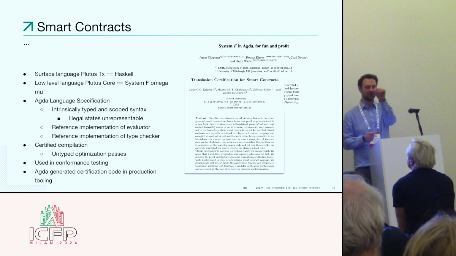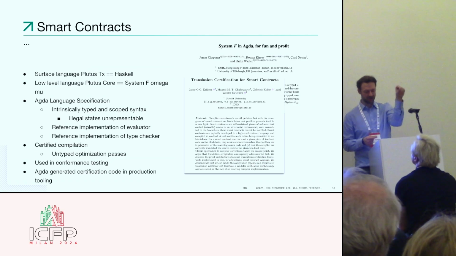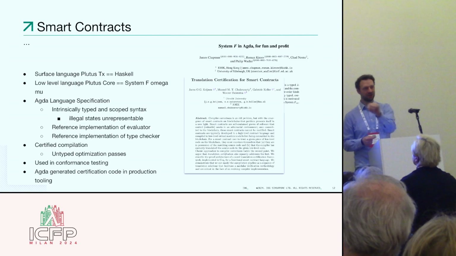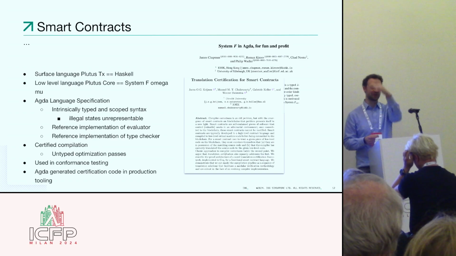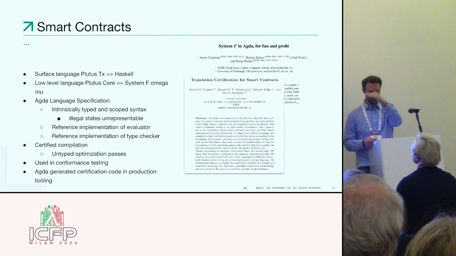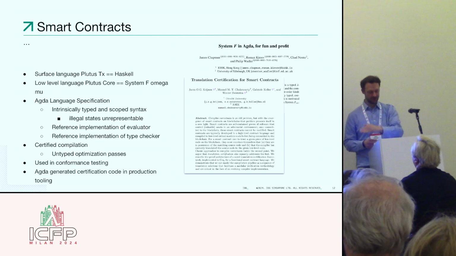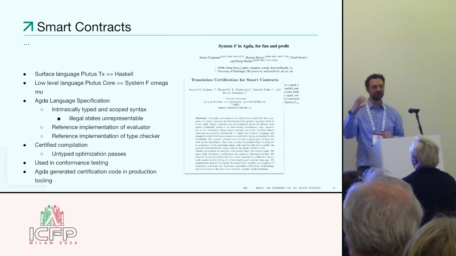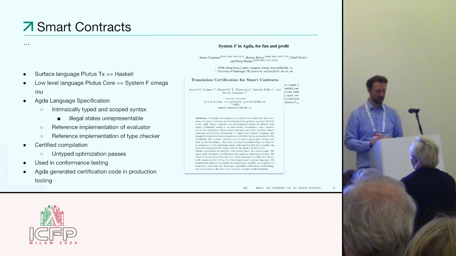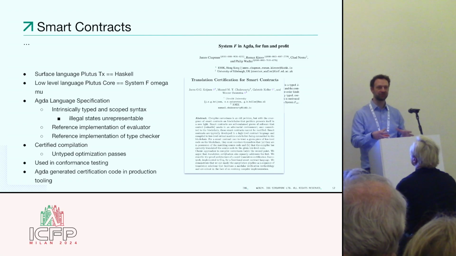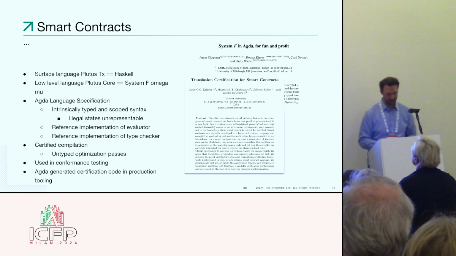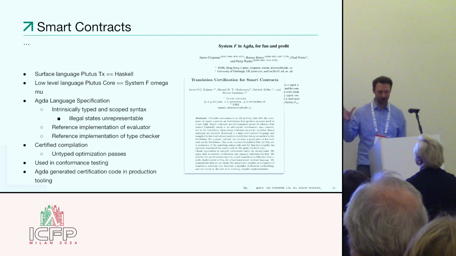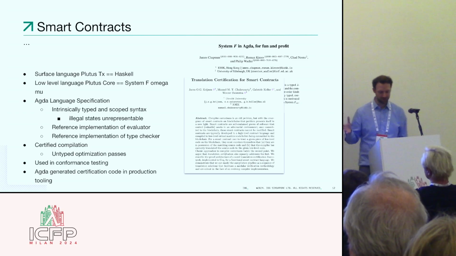So at each stage, the compiler can output the intermediate language that it's working on, and then you can separately check if it's preserving the meaning of the program. So you get a certificate for a specific program rather than a CompCert-like from scratch certified compiler. And that work is something that we recently put into practice.